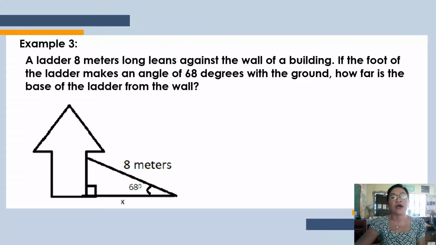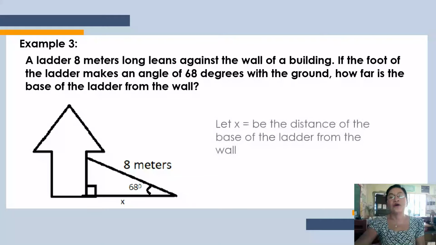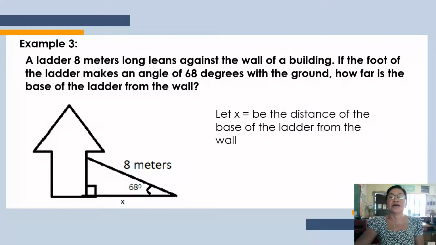That is what we are going to solve for. In this case, we use again variable x to represent the distance between the base of the ladder and the wall of the building.